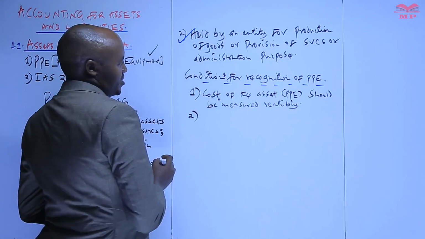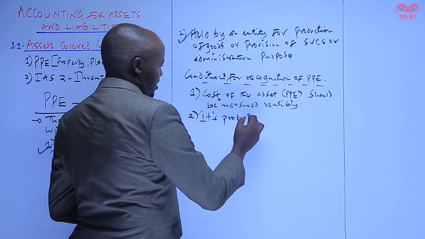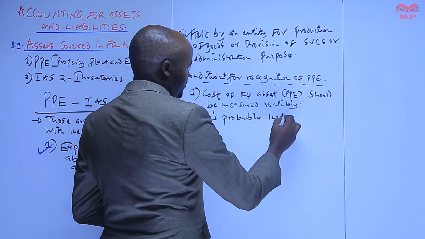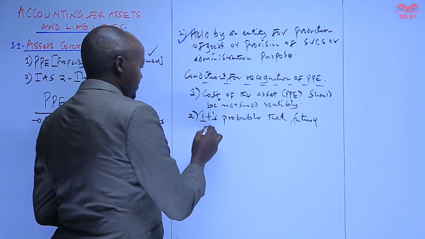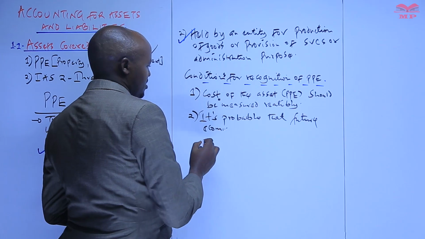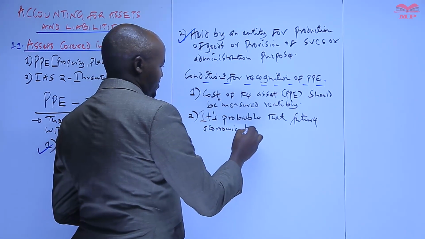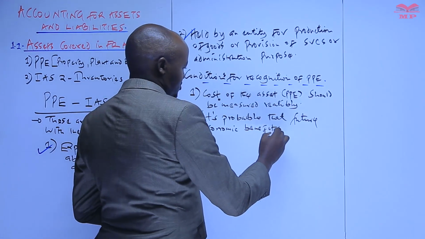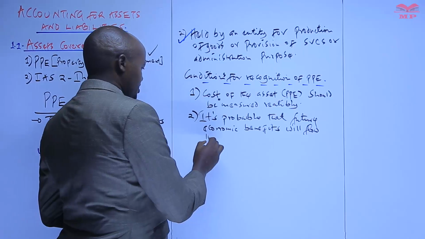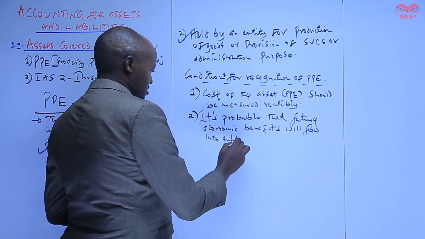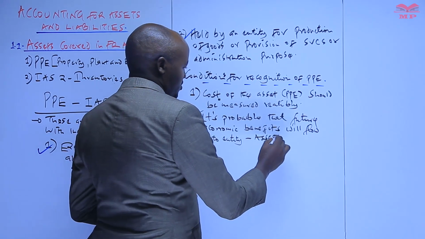Number two, we say that it is probable that future economic benefits will flow into the entity and which are associated with that asset.